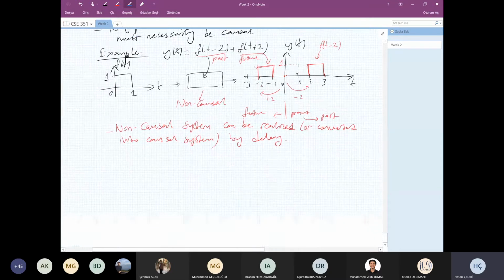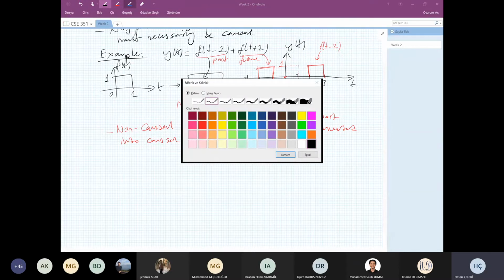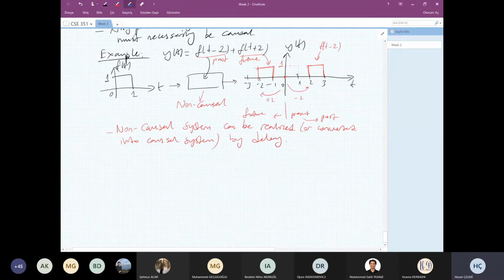Let's do it together. How do we achieve this conversion? My original system, which was non-causal, y of t was equal to the input signal shifted by 2 to the right plus the input shifted by 2 to the left, and then added up.